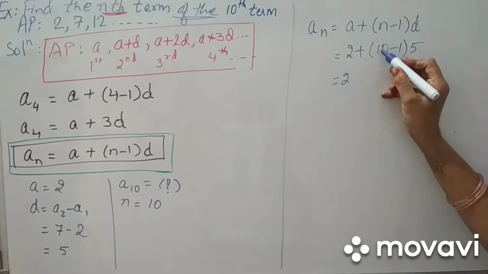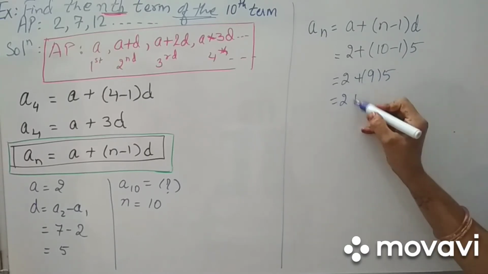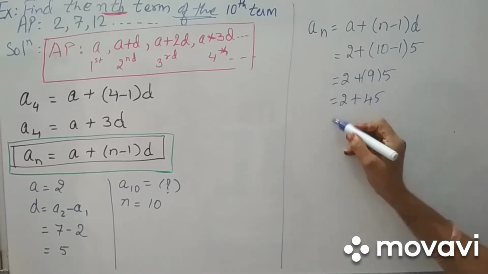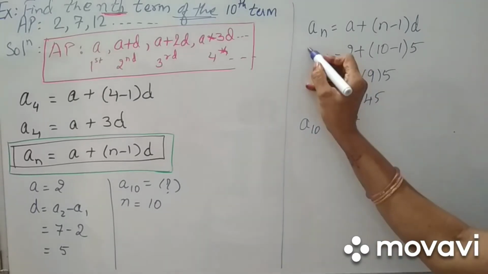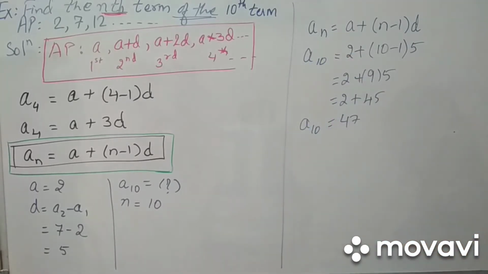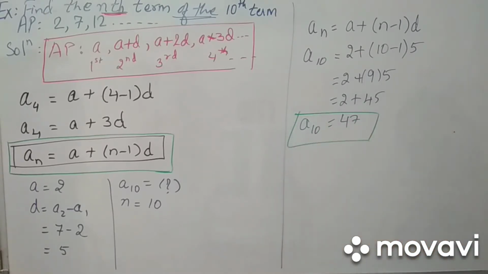So 2 plus 9 into 5. 10 minus 1 will be 9. 9 into 5 is 45. So 2 plus 45 will give me 47. A10 is equal to 47.